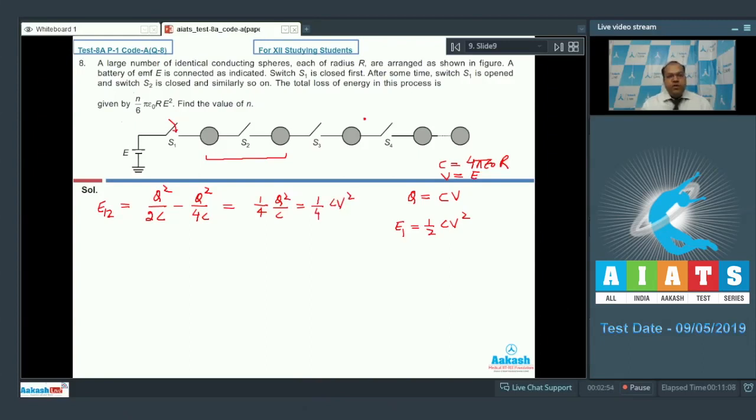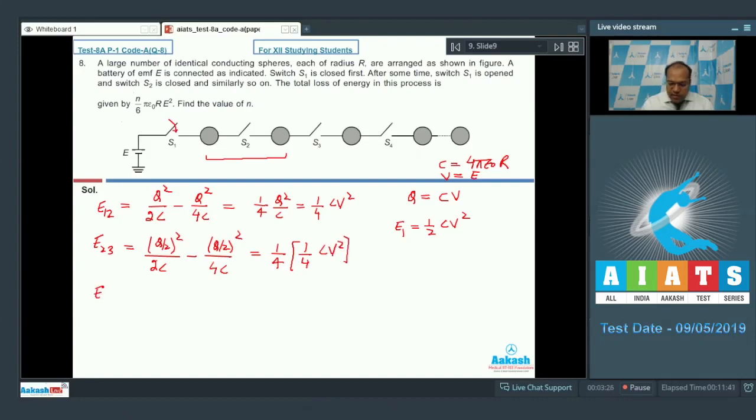Similarly, if I find the energy loss between conductor 2 and 3, the initial charge on conductor 2 is Q by 2. So (Q by 2) whole square divided by 2C minus the final potential energy of the system, which can be written as (Q by 2) whole square by 4C. If I solve this, it comes out to be 1 by 4 of 1 by 4 C V square.